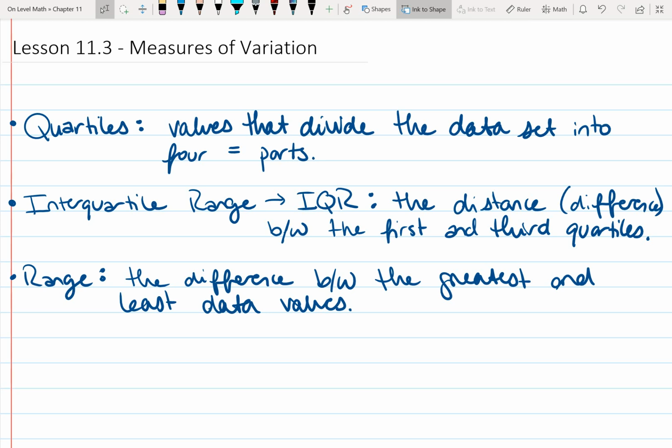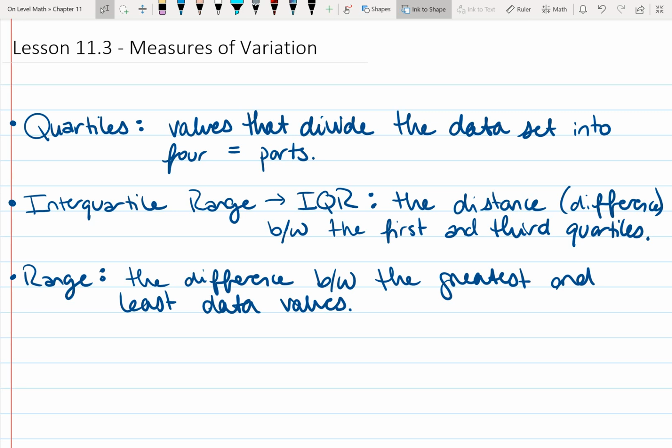Then there's the interquartile range, which is the distance, and you find the distance by finding the difference between the first and the third quartiles, which again, we'll get there. And then just in general, remember that the word range means the difference between the greatest and least data values.